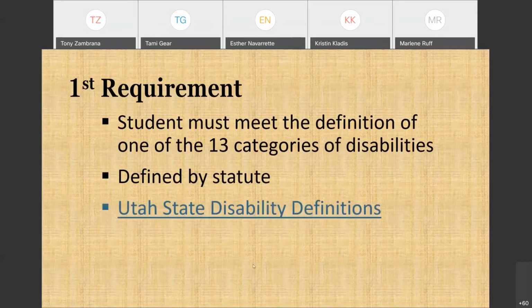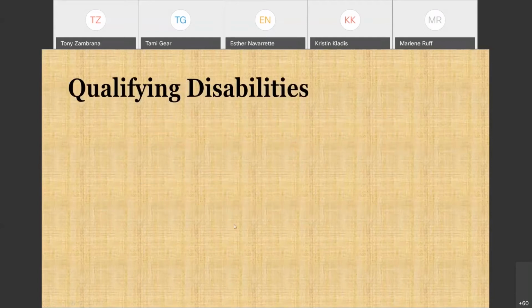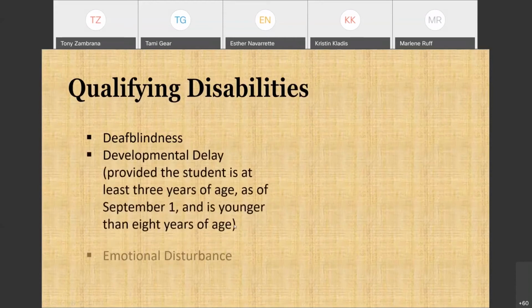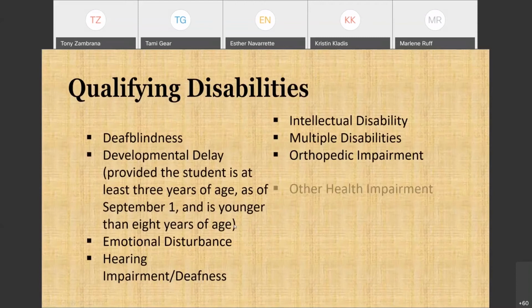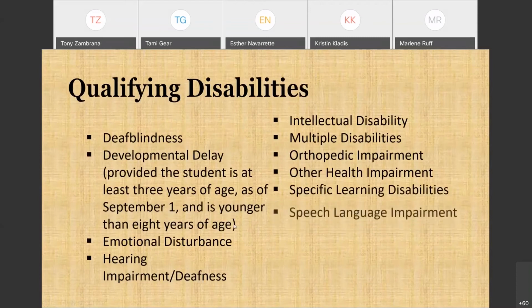The definitions, there's a link here for the Utah State disability definitions. We're not going to go into all of those right now, but just know that those are defined in there. So here are the different qualifying disabilities, and I will put them up kind of quickly so you can see them.